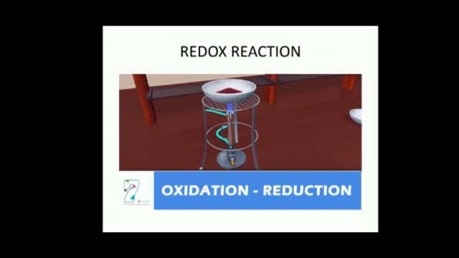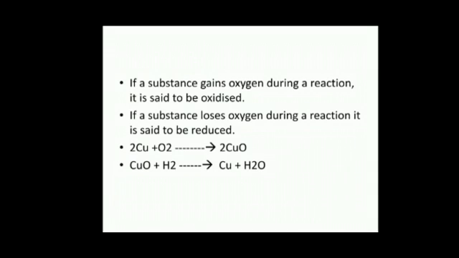Now the last type of reaction we are moving towards is redox reaction. Now let me tell you, students, that redox reaction is the combination of two half equations, that is oxidation and reduction. Now you will wonder what is oxidation and reduction. So let me tell you first, addition of oxygen is oxidation and addition of hydrogen is reduction. As it is clearly visible on the slide, again I am reading for you.